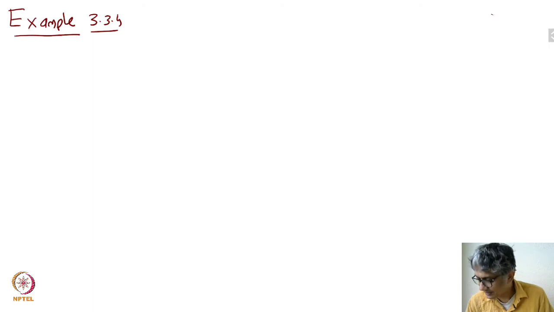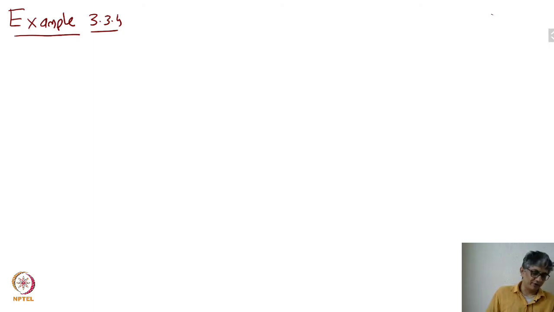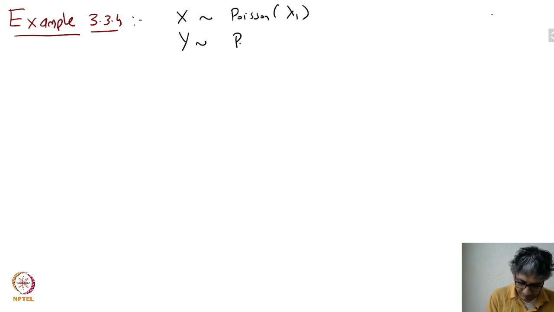It's a good, illustrative example of how to do the convolution. But let's just do it step by step. Let's take x to be Poisson with parameter lambda 1, and let's say y is Poisson with parameter lambda 2. And let's say x and y are independent.